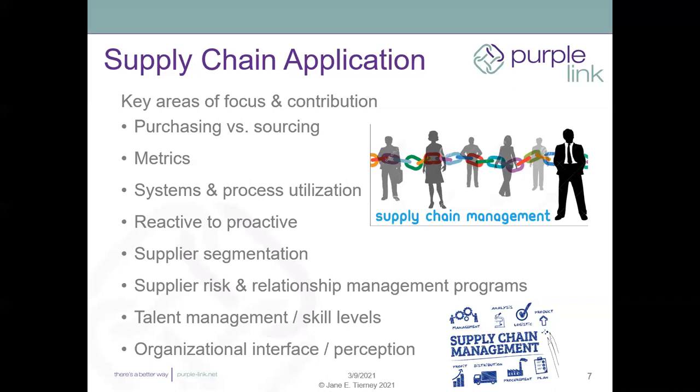That's the more mature organization. When they can drive performance through their supplier segmentation, through their supplier management, that's a higher level of maturity. And segmentation and strategies have high correlation to supplier risk and supplier relationship management and programs that look out for those.